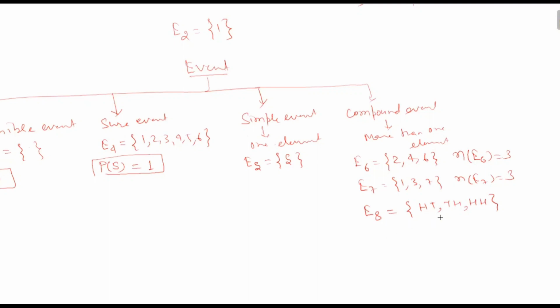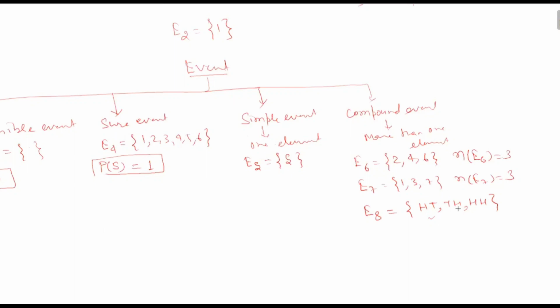If the first coin shows a head and the second a tail, this event has happened.